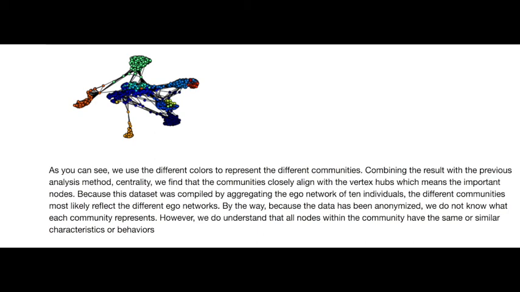But on the other hand, we could not exactly know what each community represents. But we know that the people belonging to the same community have strong similarities with each other. That is the most important thing which we could find from this kind of graph.